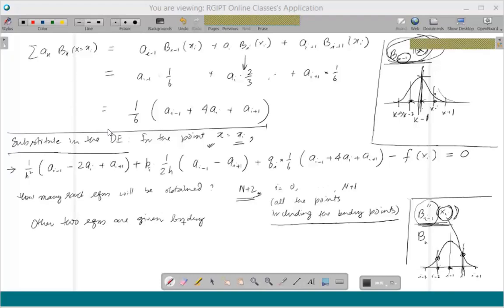Remember, boundary conditions are completely independent of the differential equation. So for those boundary conditions, if I apply y at x0, that is equal to alpha, and if I use the earlier form, y at xi is given by 1/6 (a_{i-1} + 4a_i + a_{i+1}).